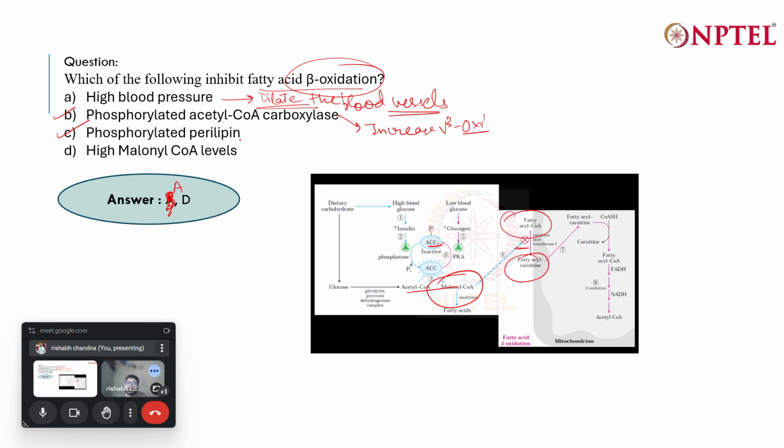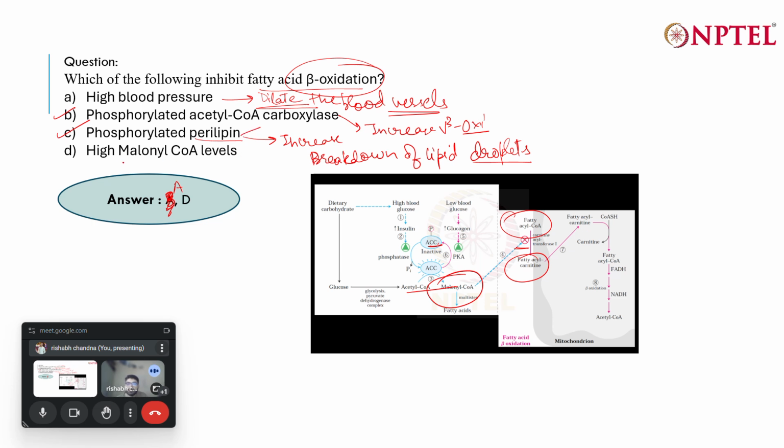Then phosphorylated perilipin leads to increased breakdown of lipid droplets, so this also leads to an increase in beta oxidation.